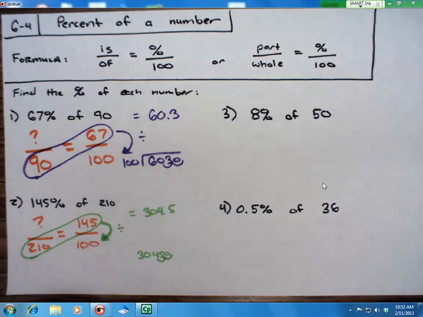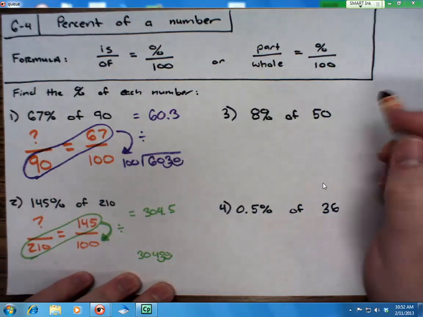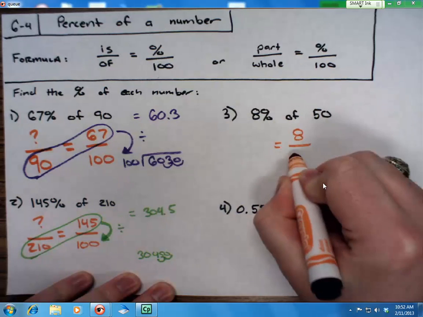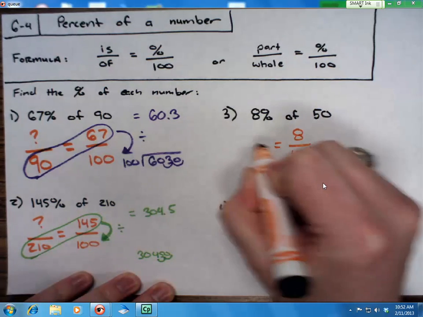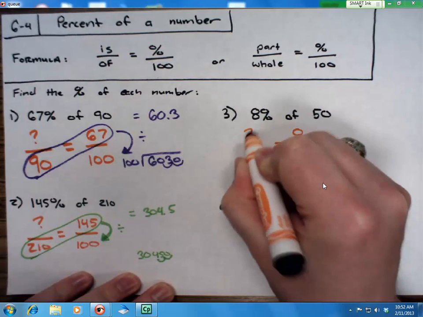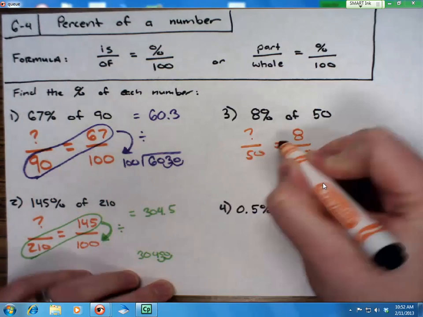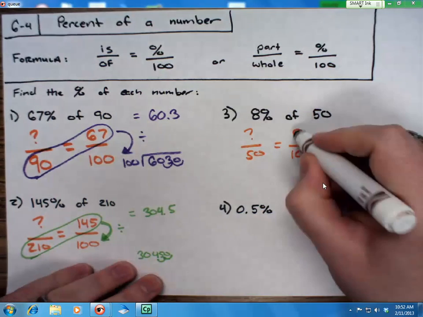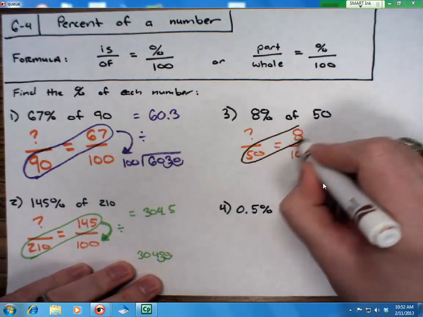Number 3, again, we're going to set up our formula. We're going to have our 8% over 100, and that's going to be our question mark over 50. Again, we're going to cross multiply and then divide by 100. So I'm going to cross multiply 8 times 50.